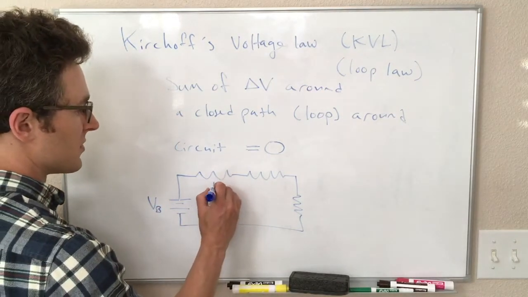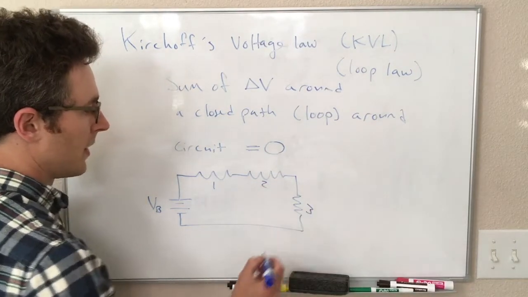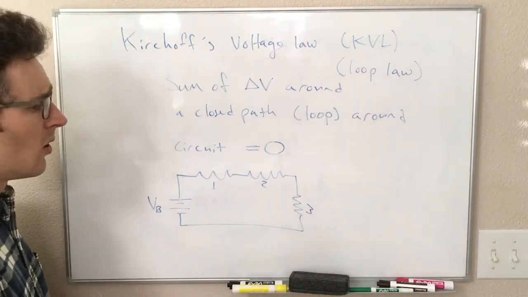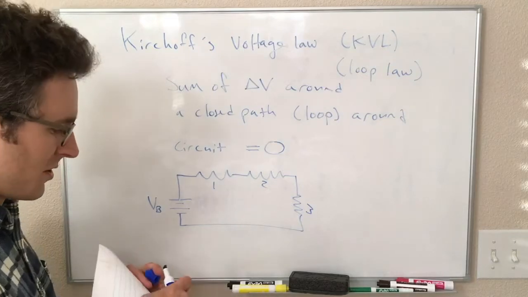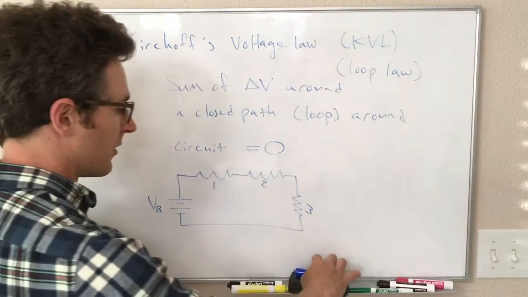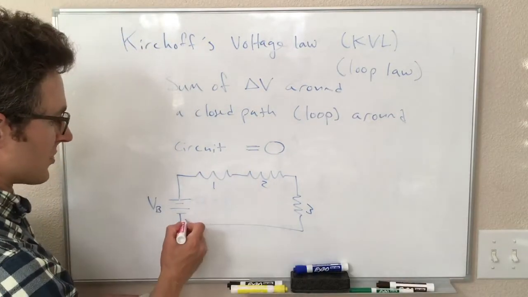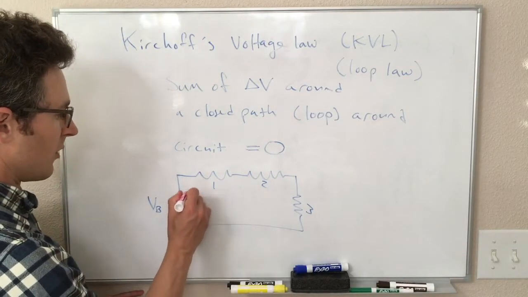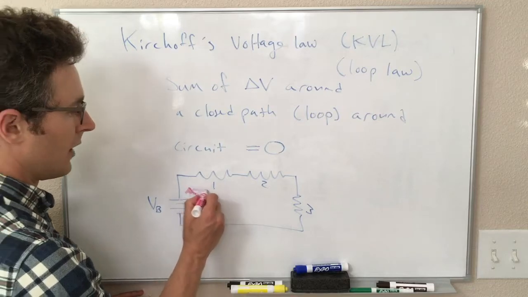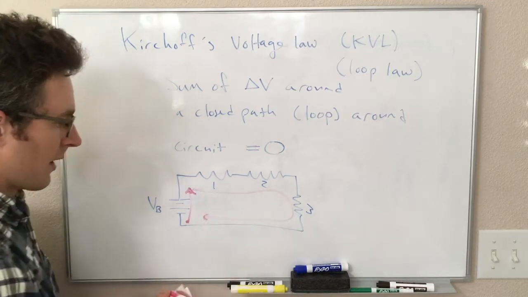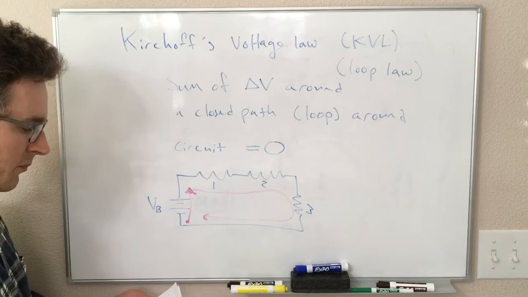We'll say this is resistor 1, resistor 2, and resistor 3. So we are to imagine traversing the circuit in a loop, and there's only really one loop here because everything's in series. Maybe we start in the lower left and we go up to here in the upper right, and then continue going around the circuit clockwise, and we end up back where we started.